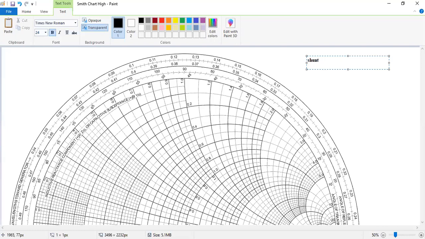Now, shunt open circuited. Open circuited stub.